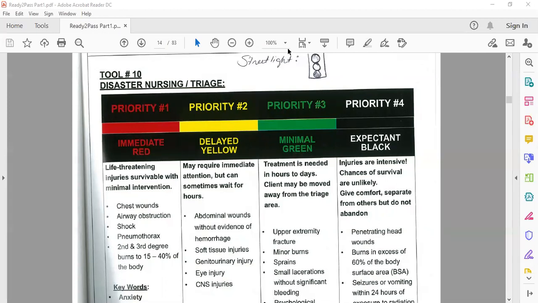During disaster management, nursing action is very important, whether inside or outside. So first of all, inside the hospital triage, we have to think critically.